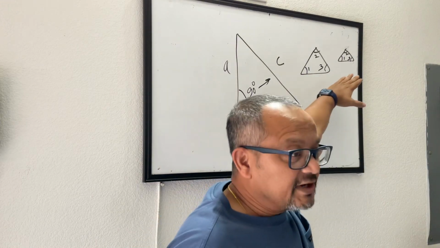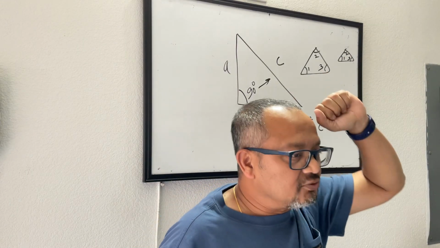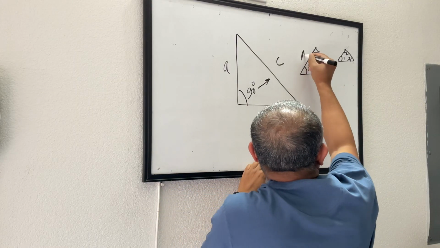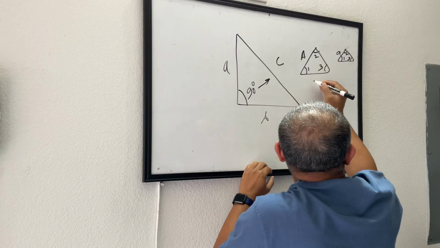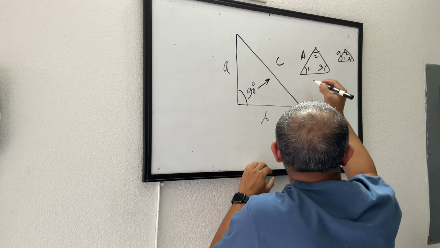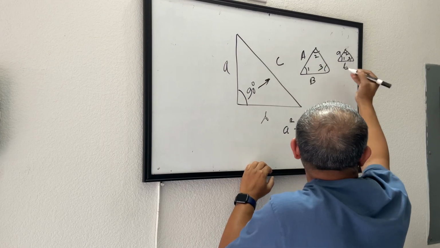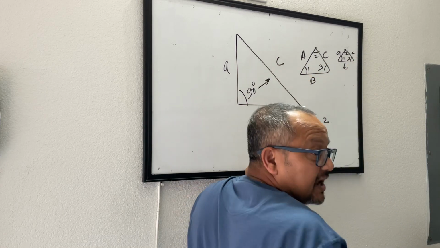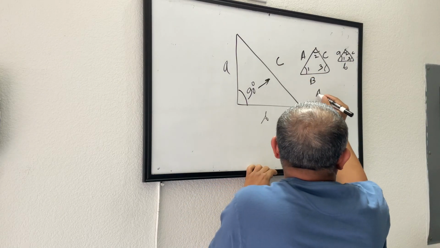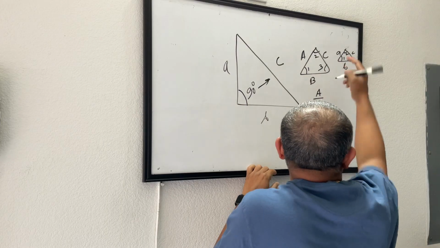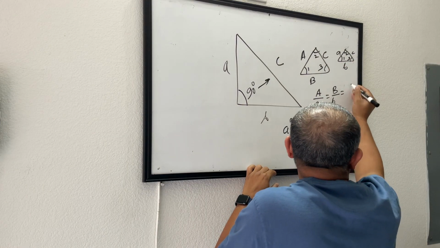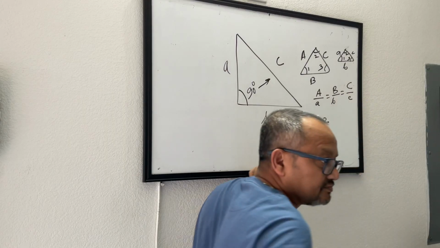Now, similarity of triangles says that if you have two triangles similar, then their sides will be in the same proportion. Let's say this is capital A, this is capital B, this is capital C, and this is small a, small b, small c. When you have two triangles similar, then A is to a will be equal to B is to b will be equal to C is to c.